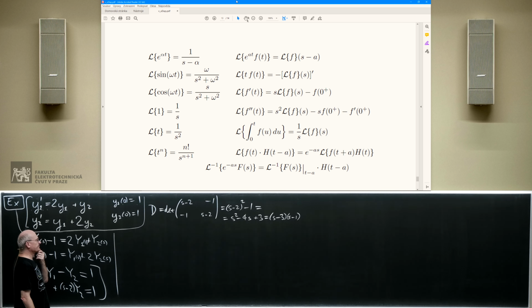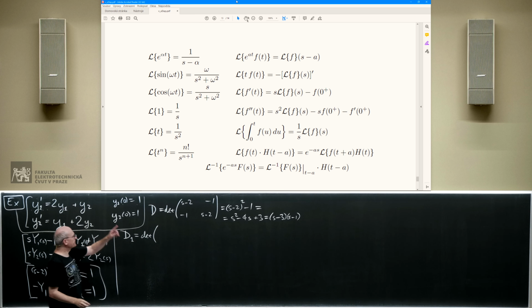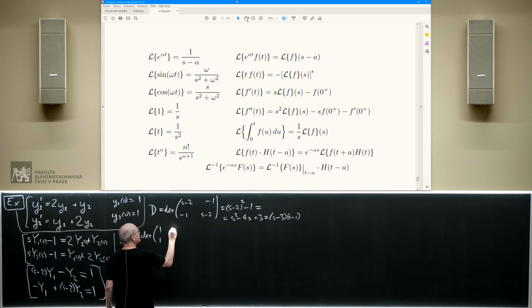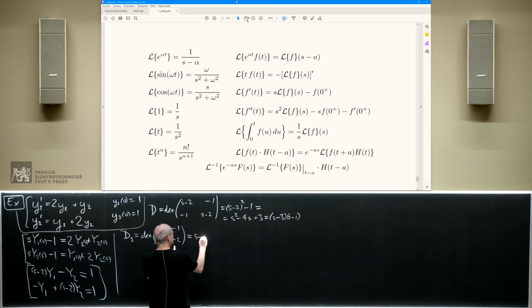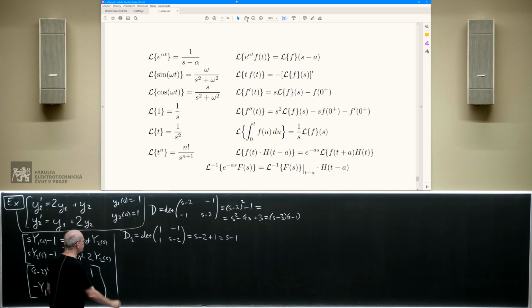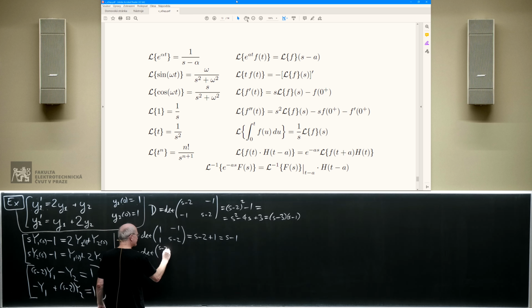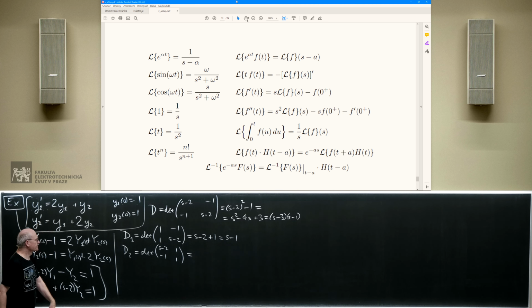I like that. Okay, let's find d for Y1. Let's call it d1. So I'm looking for the determinant where the first column is replaced by the right-hand side. 1, 1, negative 1, s minus 2. So s minus 2 plus 1 is s minus 1. D2 is the determinant where now the first column is kept, and the second is replaced by the right-hand side.